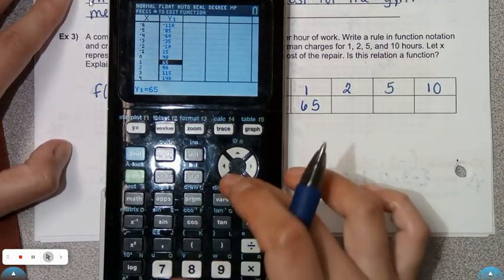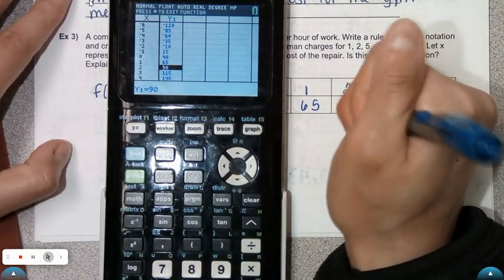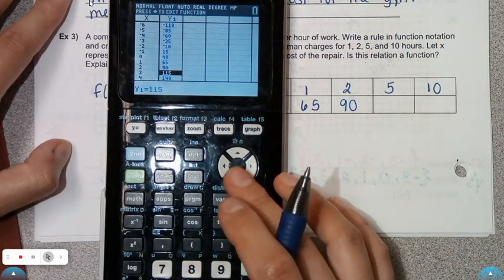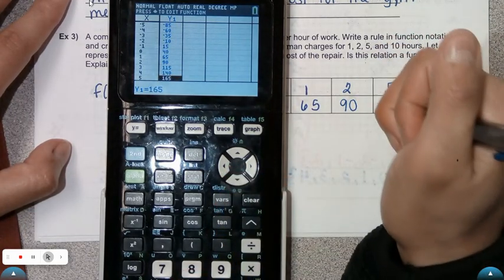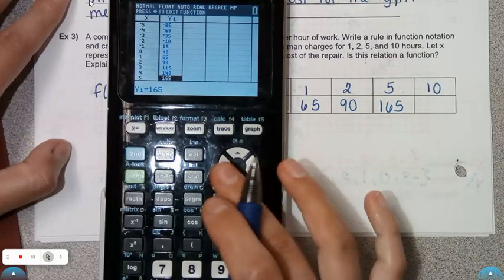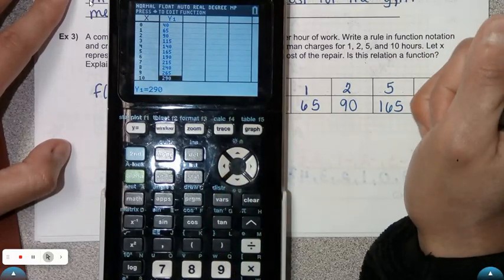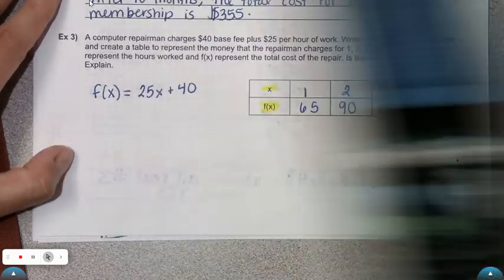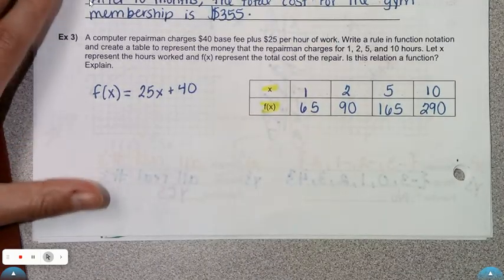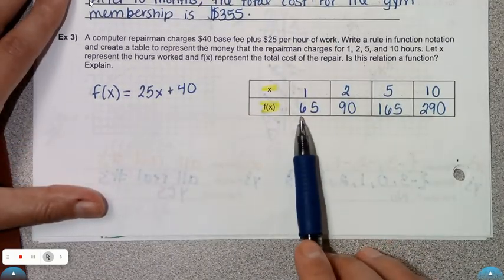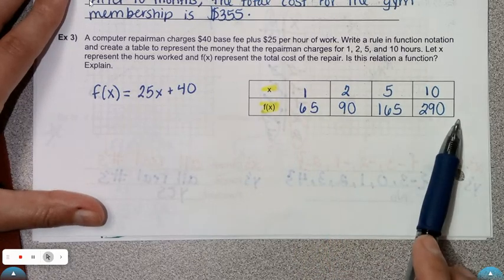For the number 2, I have 90. For the number 5, I just got to scroll, 165. And for the number 10, I have 290. So that's a faster way that I could find my table values.